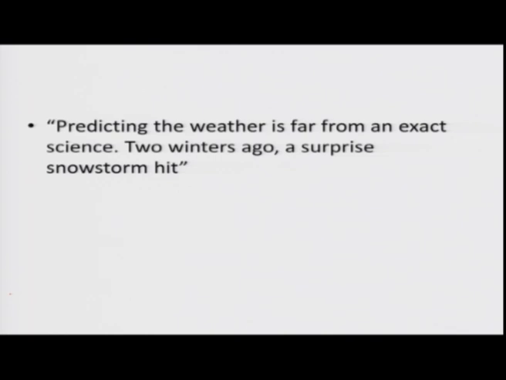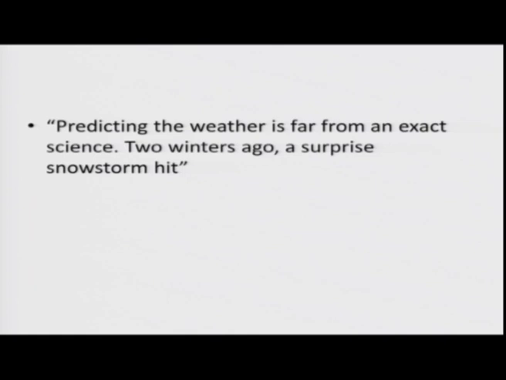Let us look at this example. Predicting the weather is far from an exact science. 2 winters ago, a surprise snowstorm hit. So, if you look at this extract, the writer here first makes a statement. Predicting the weather is far from an exact science.